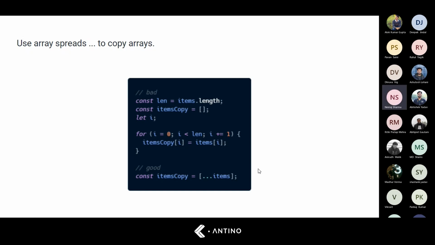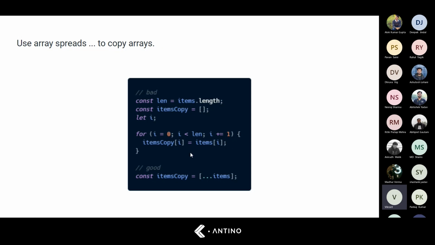Could you please tell, is it better only for readability or performance wise also? Yes, performance wise also, because in the bad code we are using a for loop and pushing items to an array one by one.